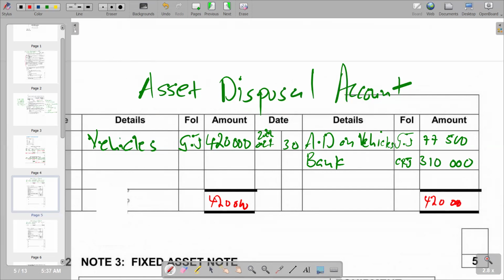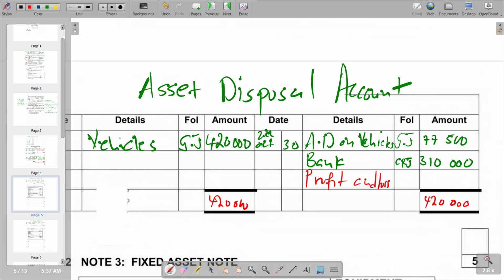But you also have to take note that our disposal account does not have a balance CD and BD. The balancing figure that we get, we are supposed to transfer to the profit and loss.